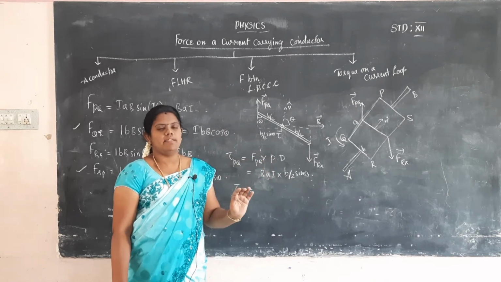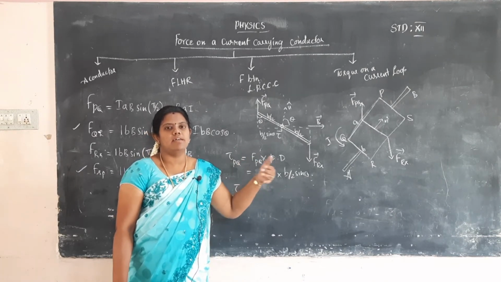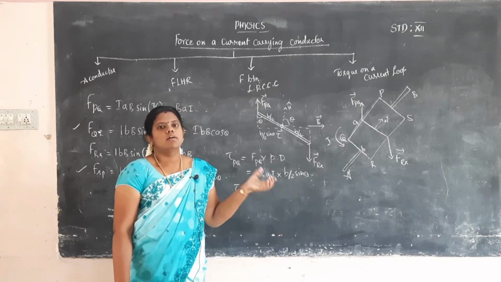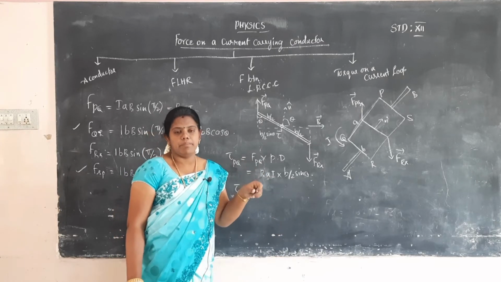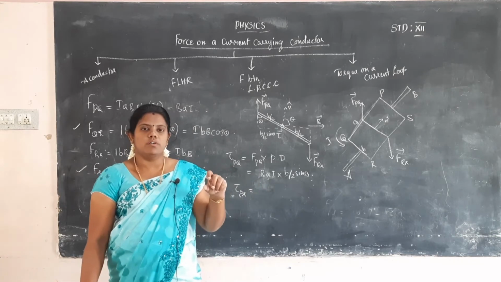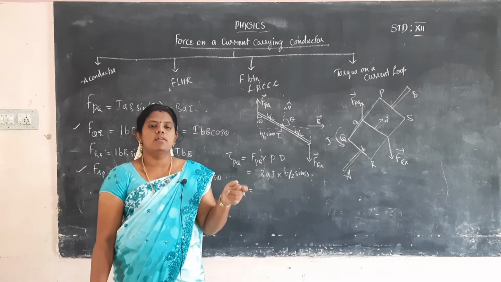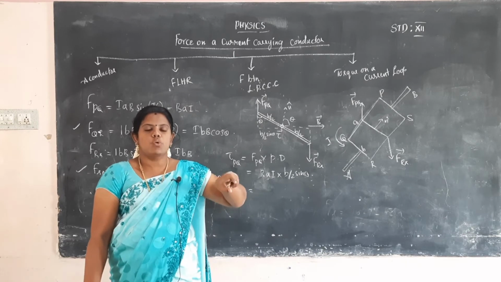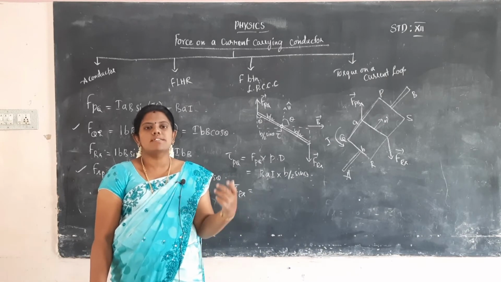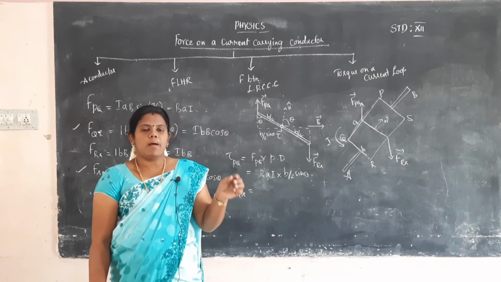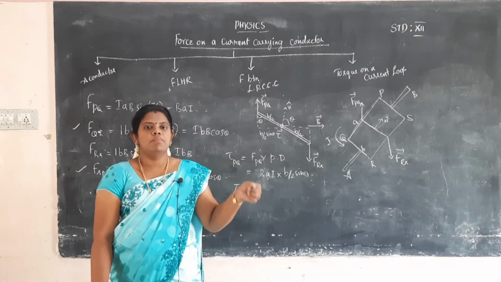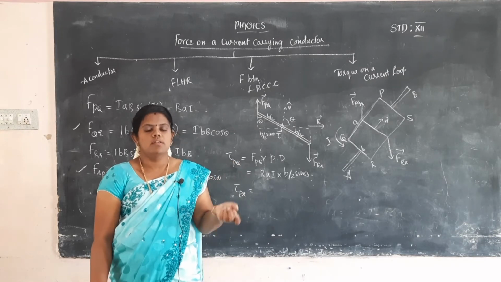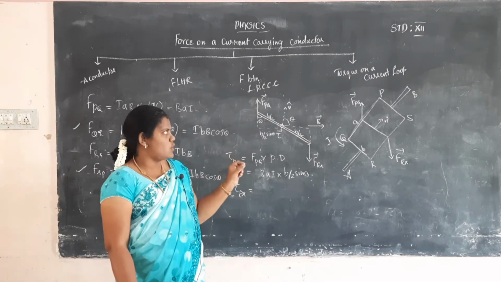Torque is the rotating effect of a force. When we turn a tap or tighten a screw, we apply a force, but the object moves in a rotational motion. That rotating effect of force is called torque.